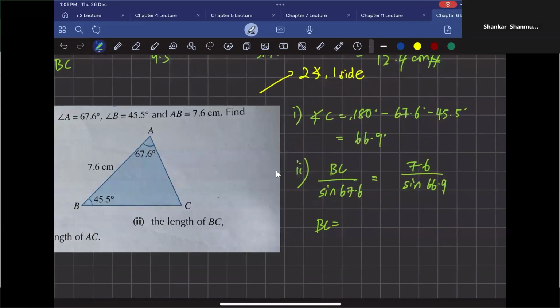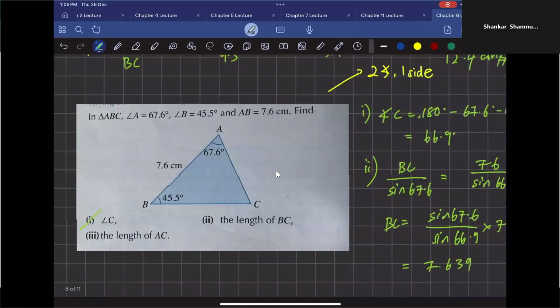So therefore BC equals to sine 60. So final, your answer should be 7.639. Okay.